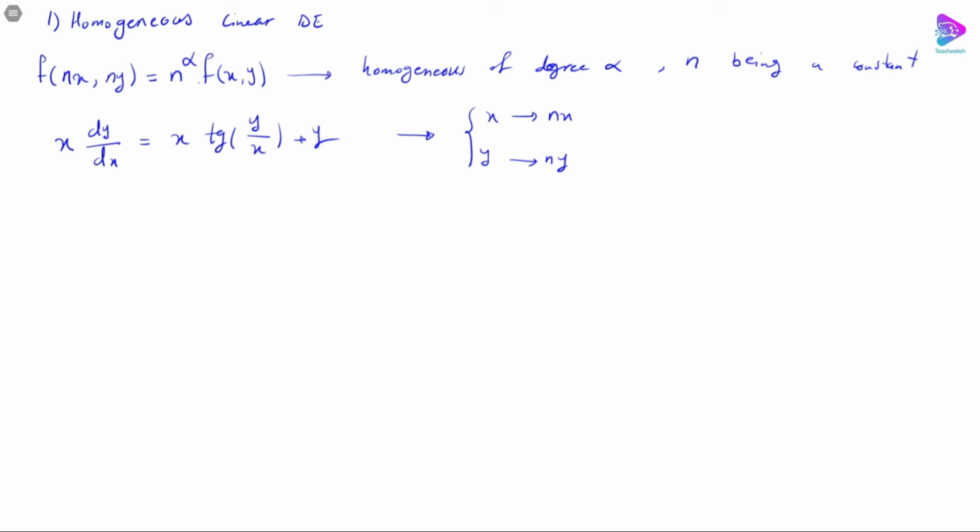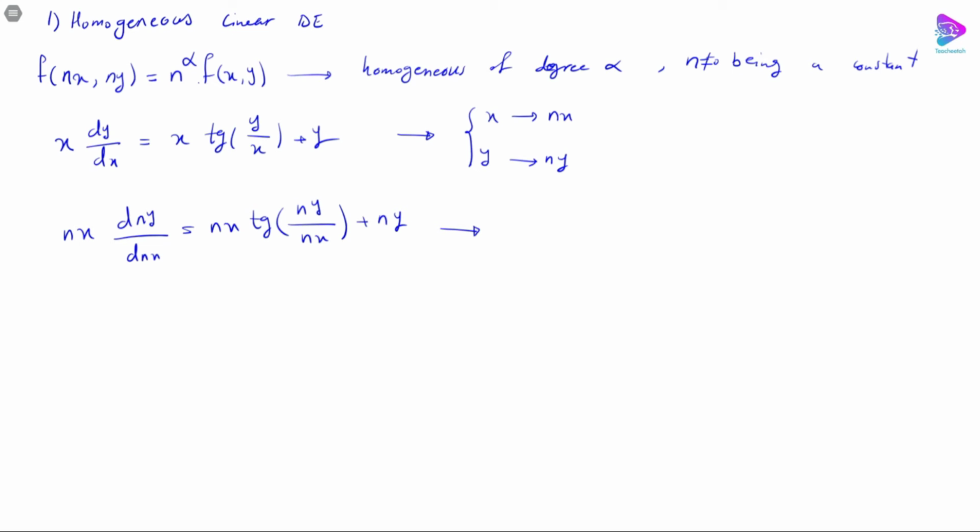Then we're gonna see what happens to this equation, right? So nx d(ny) over d(nx) is equal to nx tangent of ny over nx plus ny, right? And n is not 0.